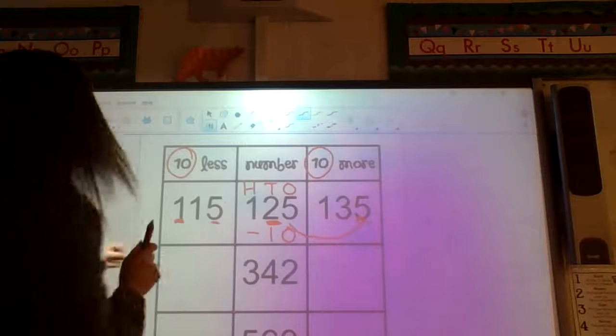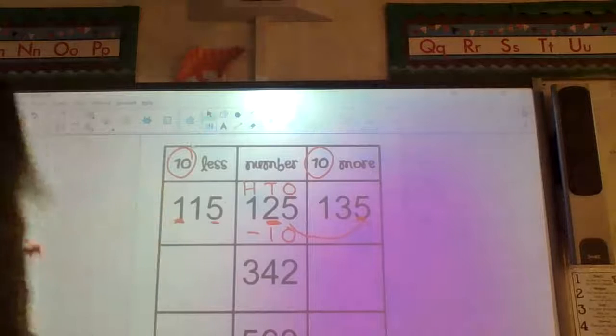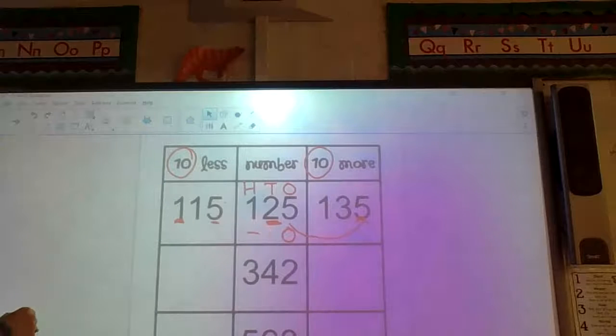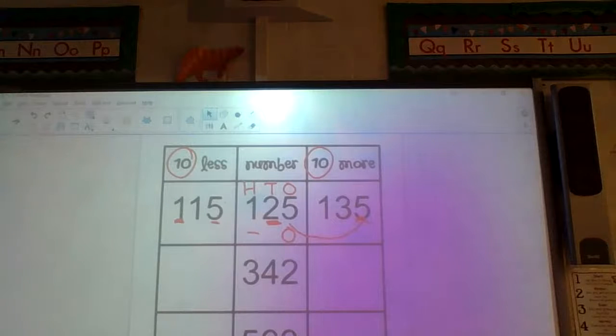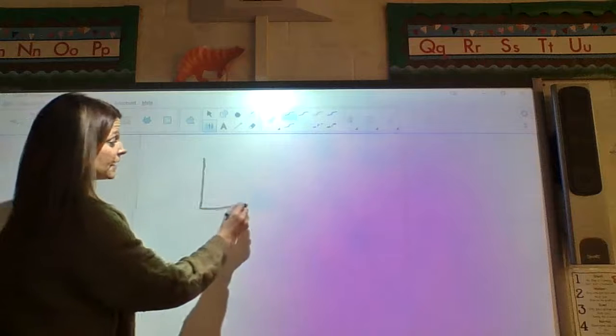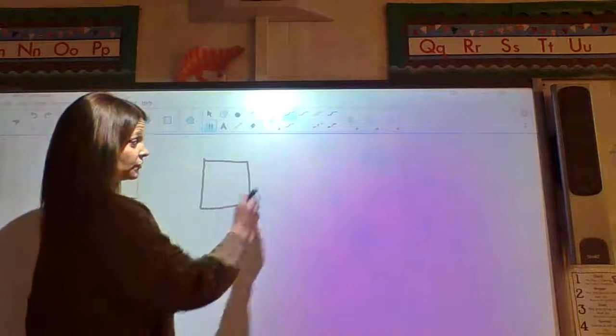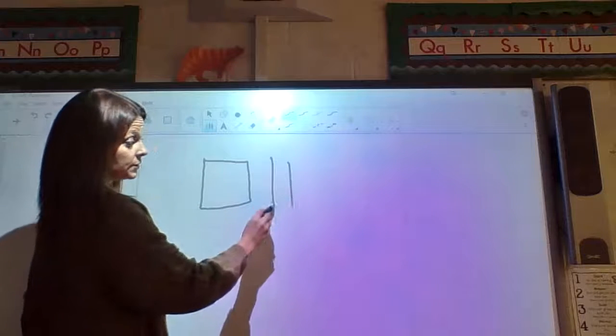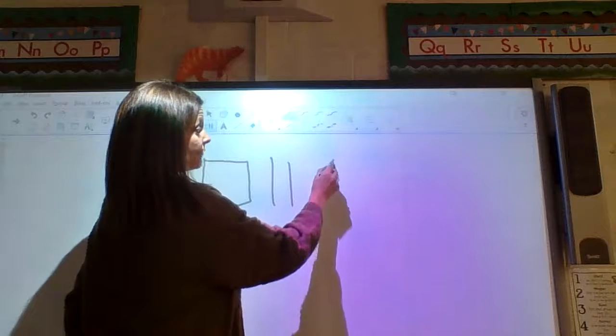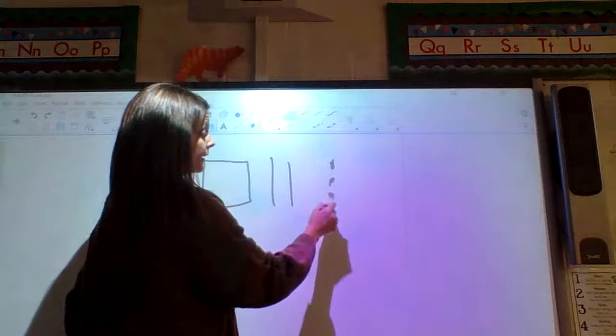Let's look at this a different way, friends. I'm going to add a page here to show you the number 125, and I draw that using my base 10 blocks: 100, 2 tens, and 5 ones: 1, 2, 3, 4, 5.